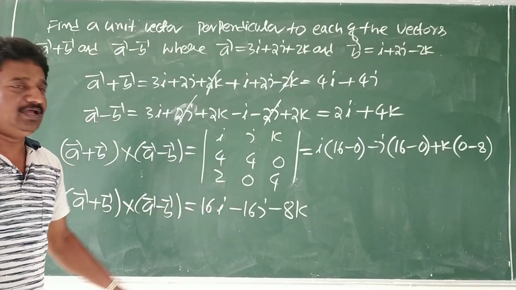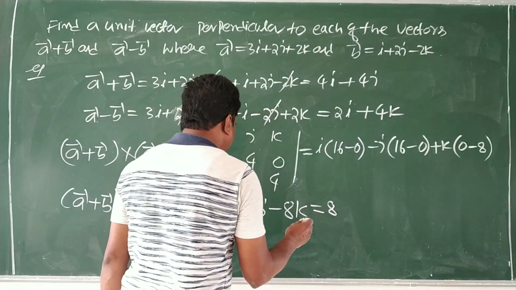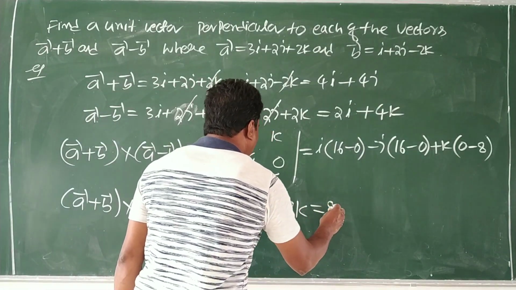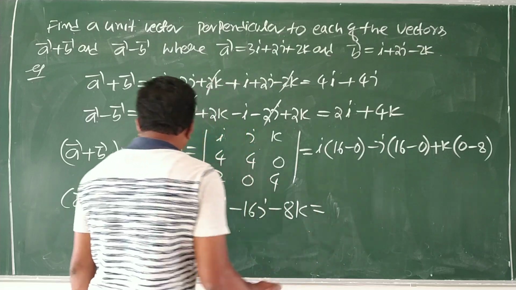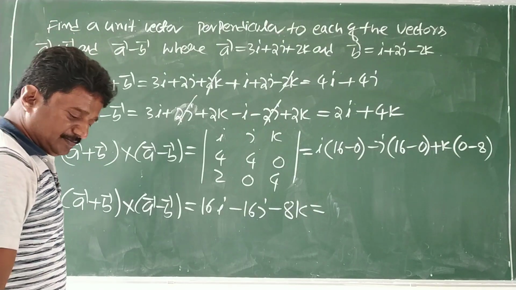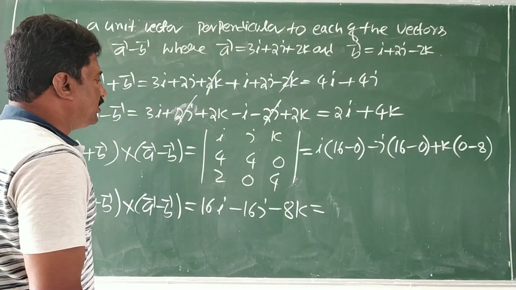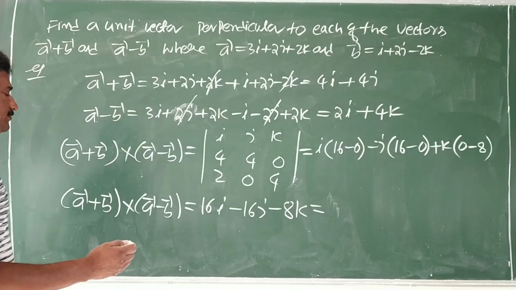So we have a common factor, students. What is that common factor? 8 is common. Otherwise, you write it as it is. What is the unit vector? Unit vector required. Unit vector means vector by its magnitude.